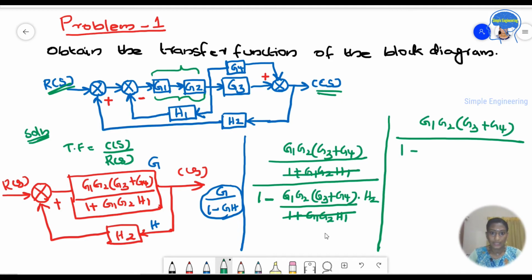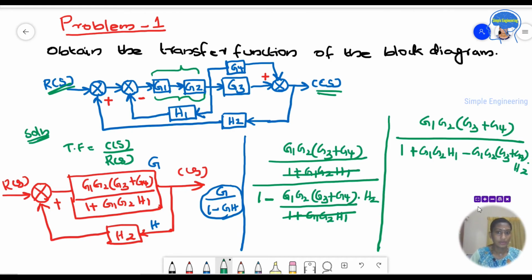Before that you have to take the LCM over here. Taking LCM, 1 into this term, so that is 1 plus G1 G2 H1 minus G1 G2 into G3 plus G4 into H2. This will be the solution.